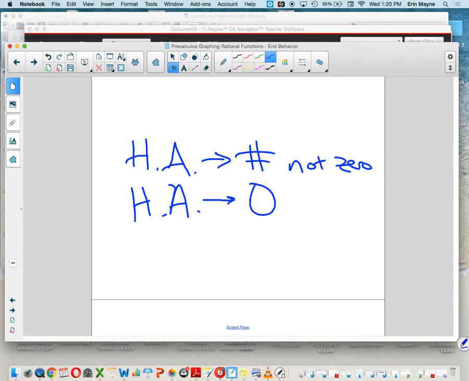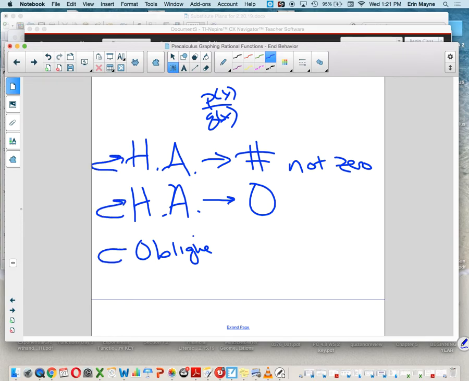And under what conditions would I have an oblique or slant or diagonal asymptote? What kind of P of x over Q of x would cause each? What rational function would cause this scenario, that scenario, and that scenario? That is where we will start tomorrow. We'll whip through that, and then the rest of the time will be yours to work.